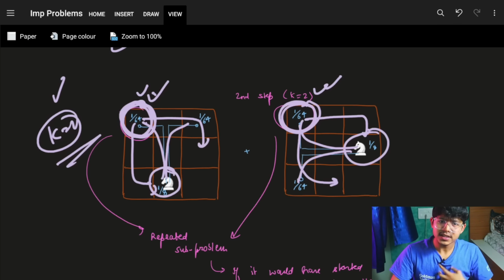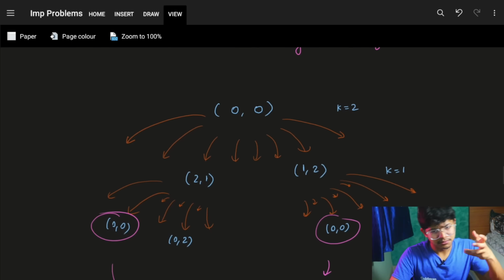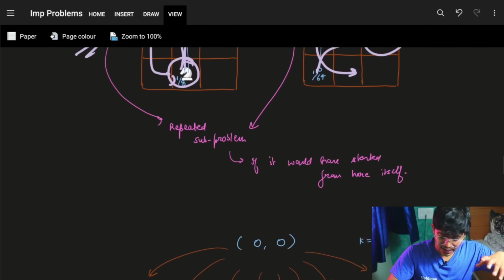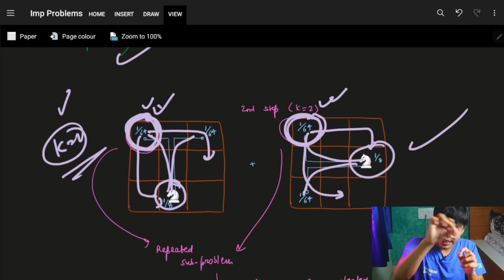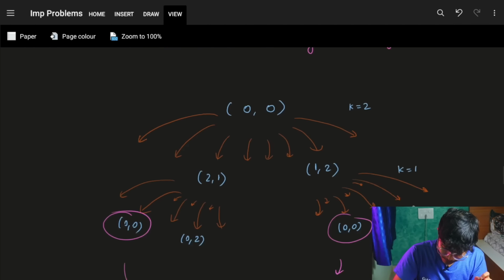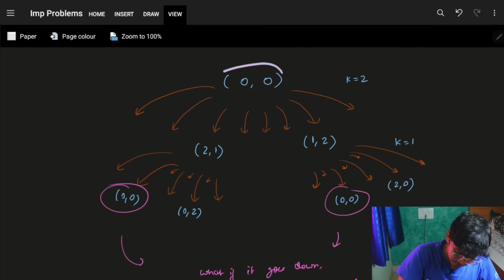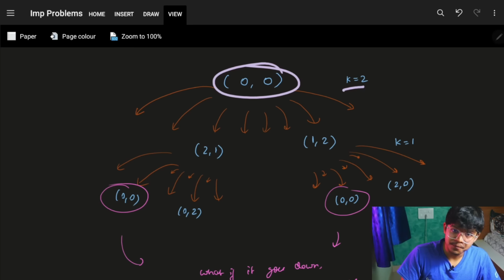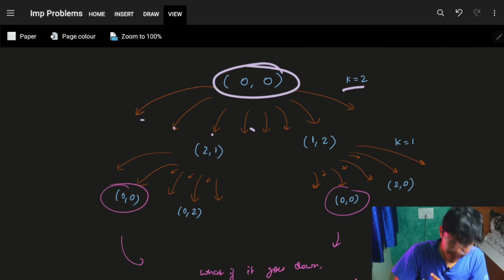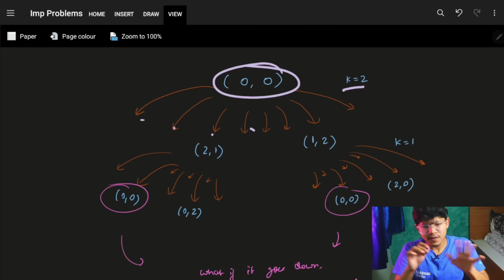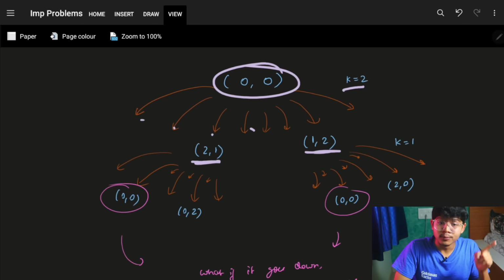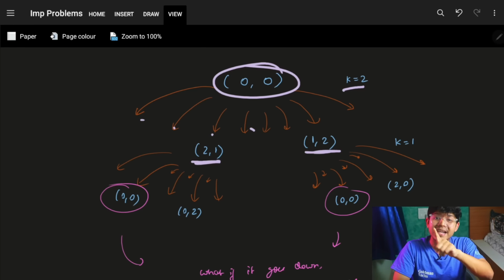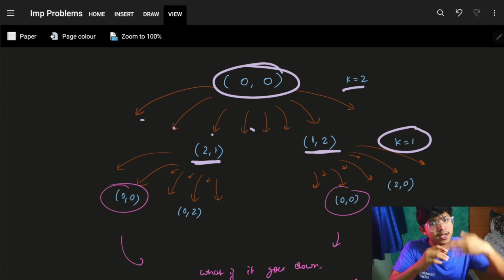To represent the above thing I showed in the picture, although you should have inferred from the picture itself that it is going to the same place again and again. If not, start from 0, 0 at k equal to 2. You have 8 options, but I drew only the ones which I can actually show you. It went to 2, 1 and 1, 2 at k equal to 1, which means one move done.